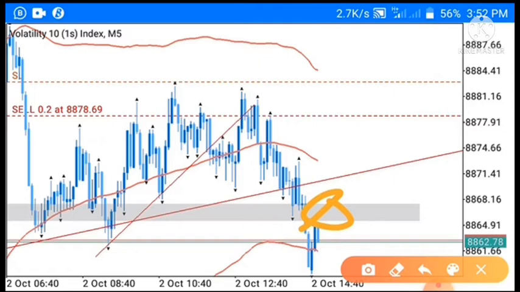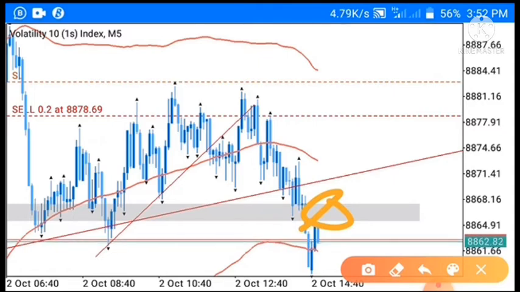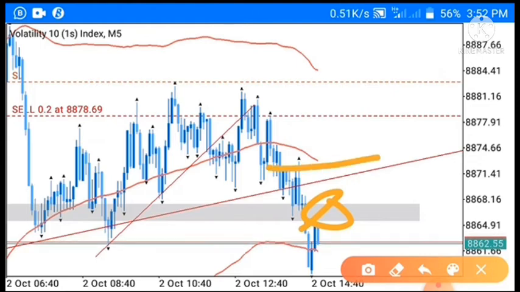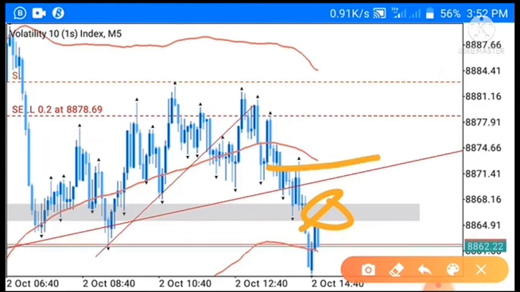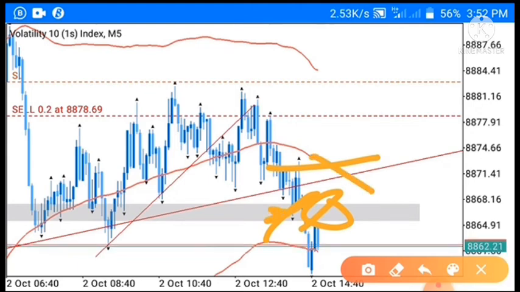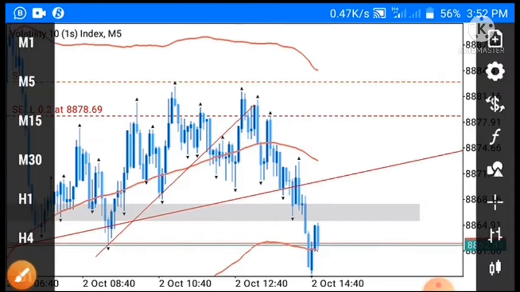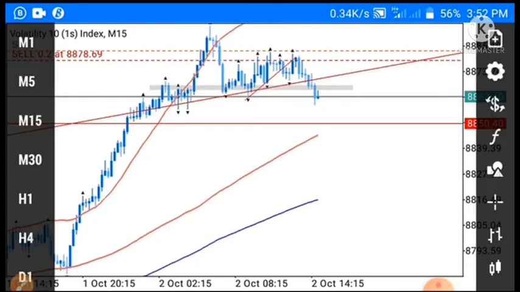If it's finished as a bearish candle, then we'll take more sells, placing our stop loss right above here, such that if this market is going to retrace, then it will need to go through the stress of breaking the support, the resistance rather, and the trend line. Then if the market can do that, then we admit that we are wrong. If not, we are going to take this sell from here down.